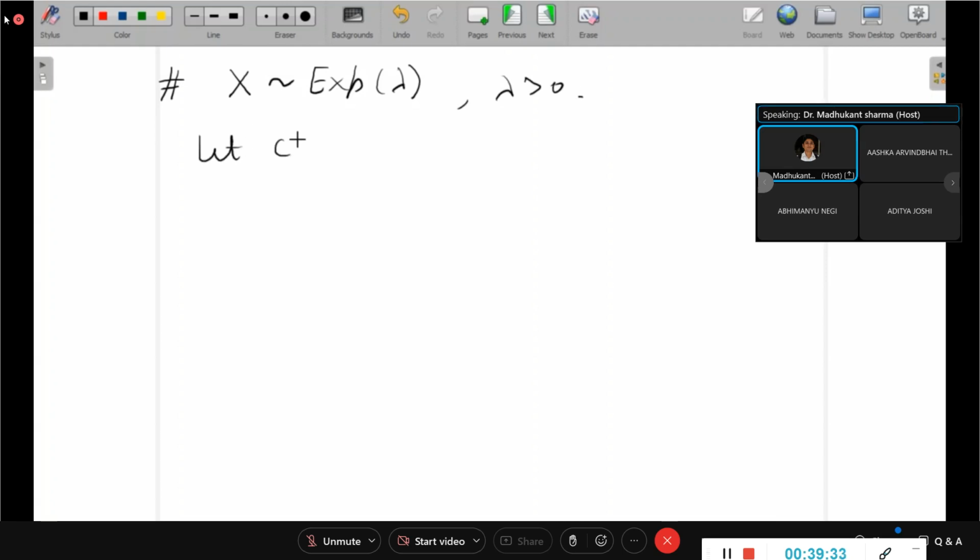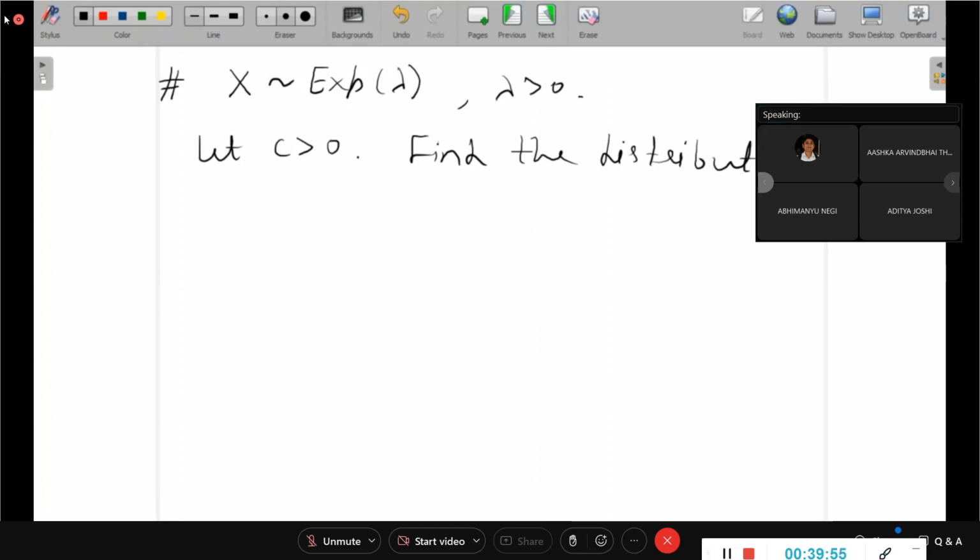Let c be greater than 0. Then find the distribution of cX, the new random variable. Here c is greater than 0.